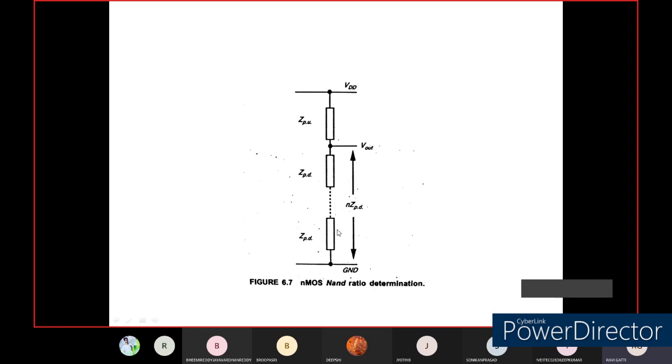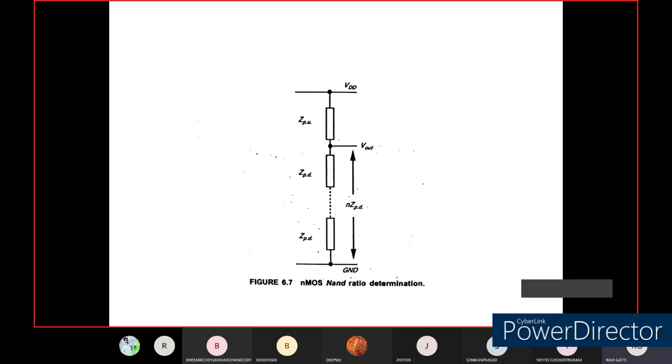Since you have two transistors connected in series for the NMOS implementation, you will have the impedance of the first transistor and the impedance of the second transistor. Since both are connected in series, the impedance will be N times ZPD, where N is the number of elements. In this case there are only two elements, so it will be 2 times ZPD. This is how you determine the ratio: it is 1 to N PD.